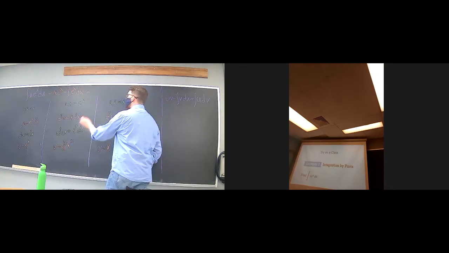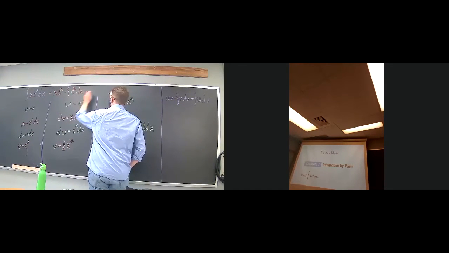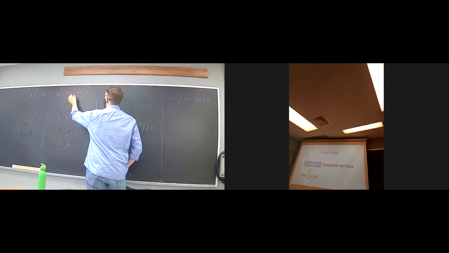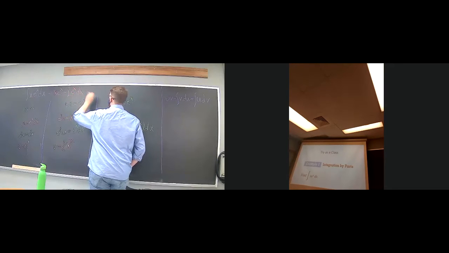This is going to come out to be e to the x plus a constant. So our answer then is x e to the x minus e to the x plus a constant. And you could write minus a constant, but really you're only changing it by a constant. So plus or minus that constant is still the same.